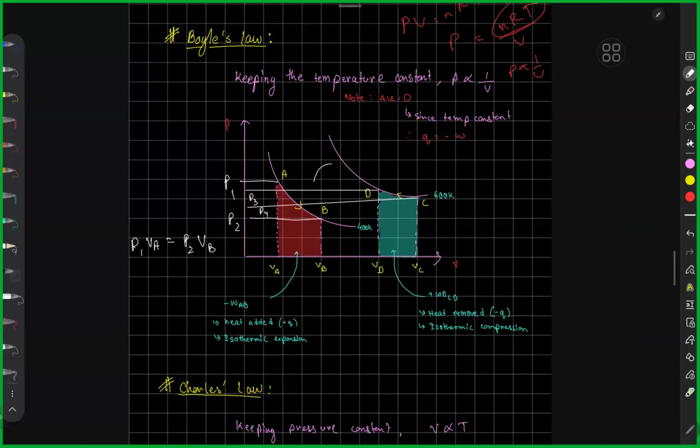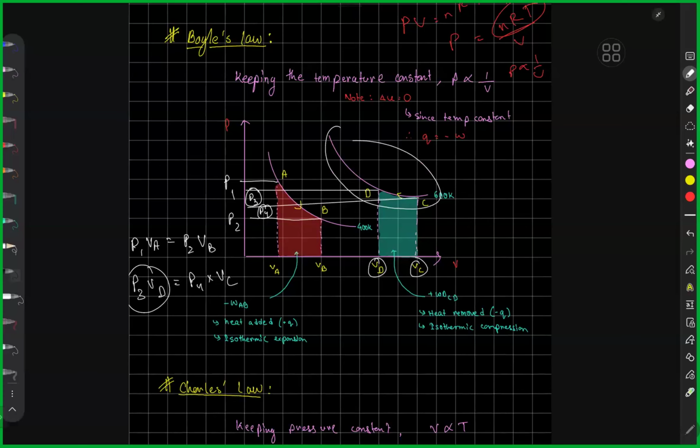But for a different graph, that is in our case an increased temperature, the product of pressure and volume is P3 times VD, P4 times VC. So although for the same graph the product is the same, between the different graphs the products are different. How so?